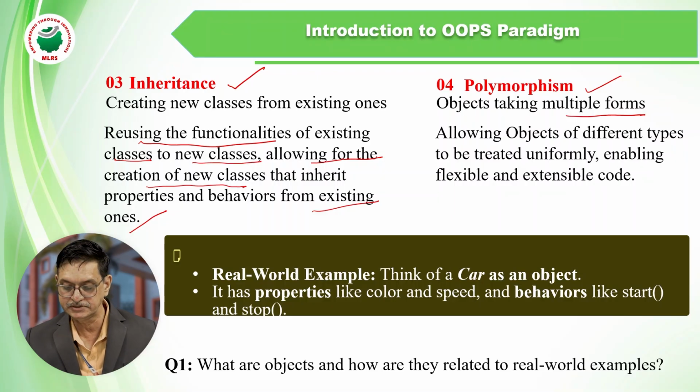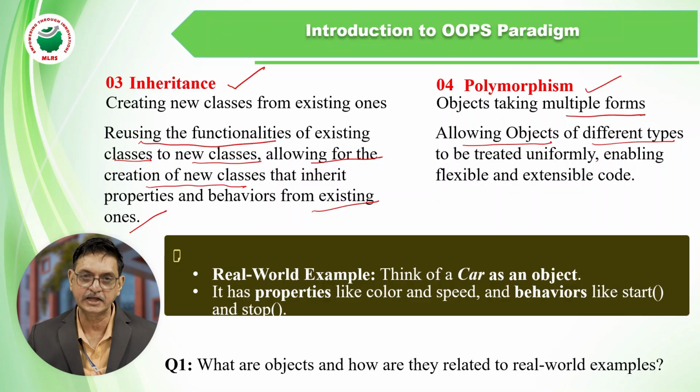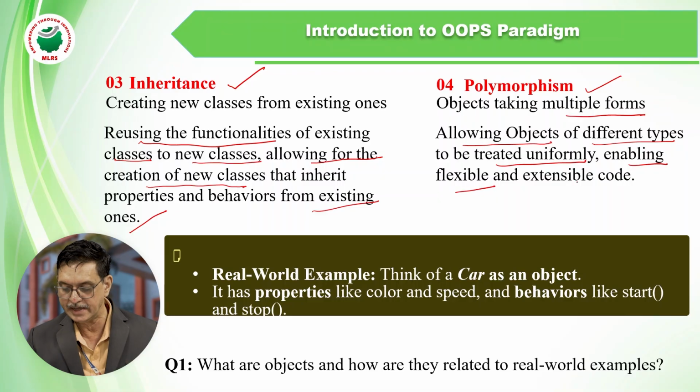Based on the situation, it acts differently. So it allows objects of different types to be treated uniformly. The same object may have different types of behavior, but we are going to treat this particular object uniformly, enabling flexible and extensible code development.